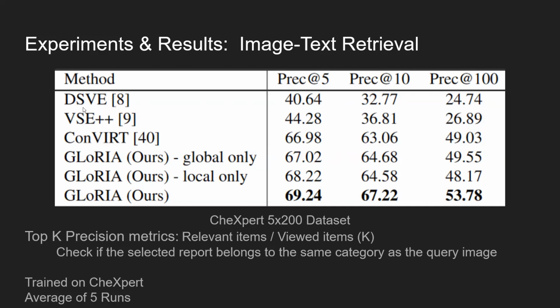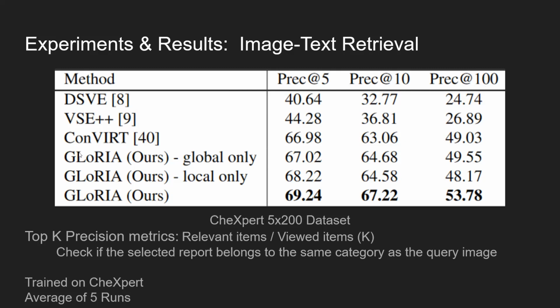So when we look here, we see DSVE performed the worst out of all of these methods, regardless of the top K metric. VSE++ performed slightly better. Then ConVIRT is the current state of the art, and it performed very, very well.